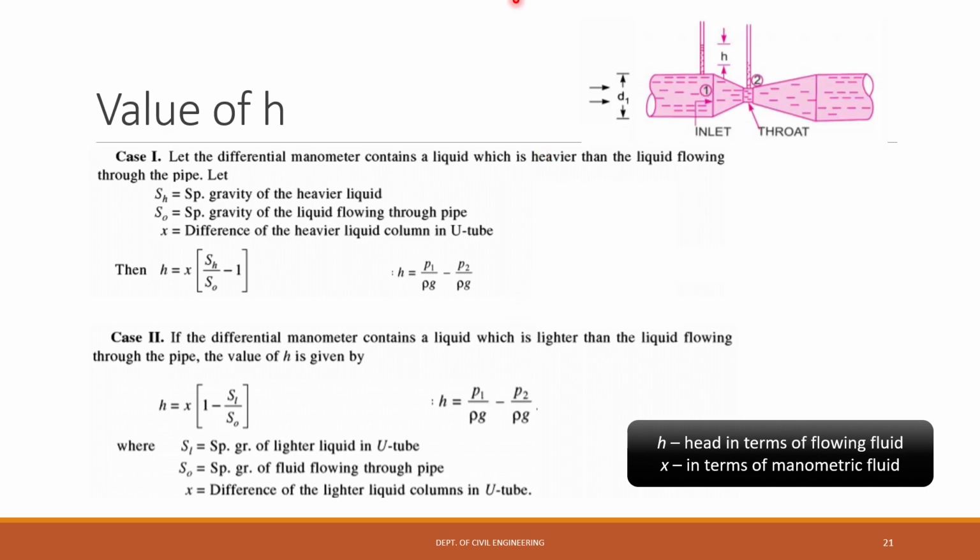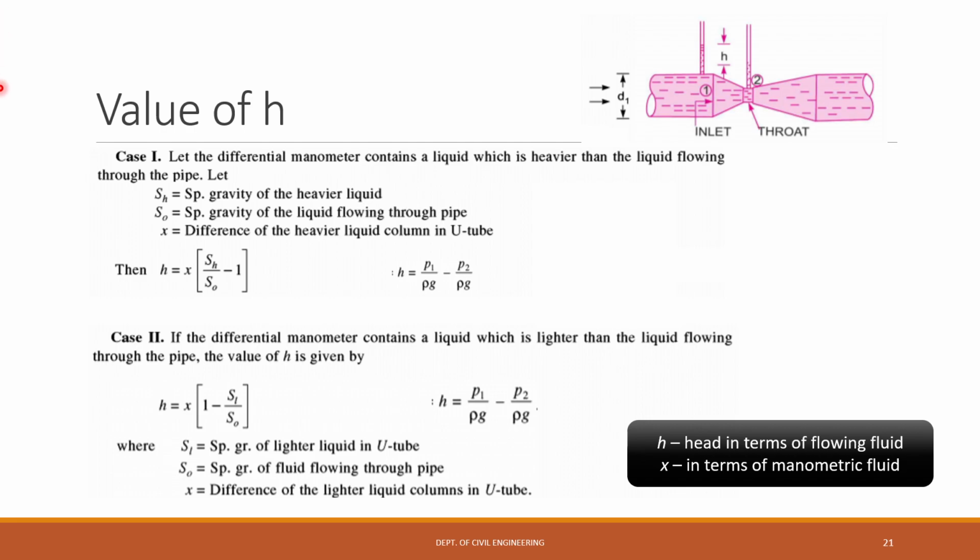So in this figure, you can see that the venturimeter is horizontal, and a manometer is connected. The manometric reading is small x, which is the difference of heavier liquid column in the U-tube manometer. In the manometer you will have a fluid.